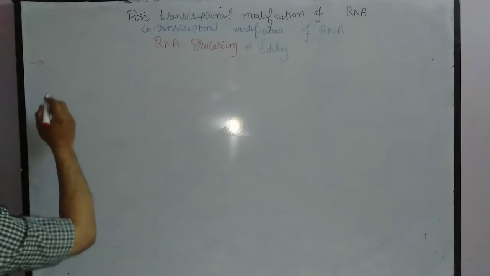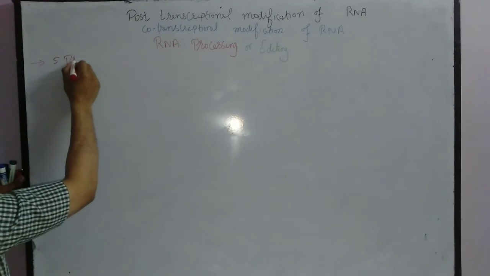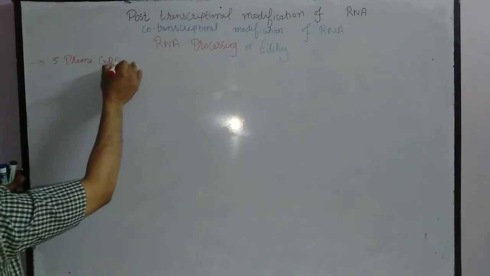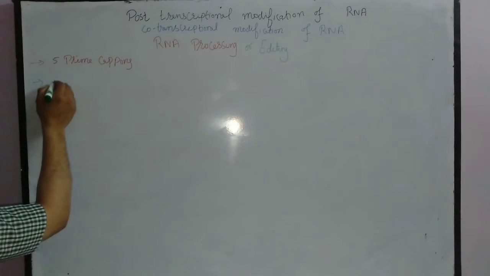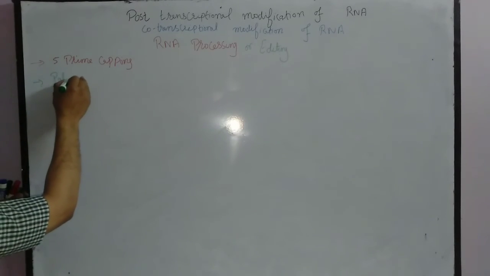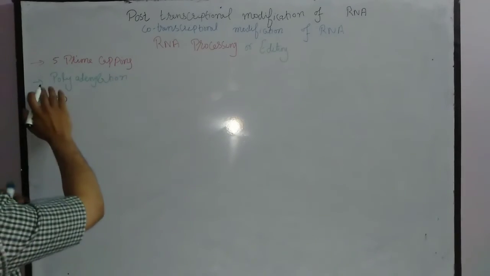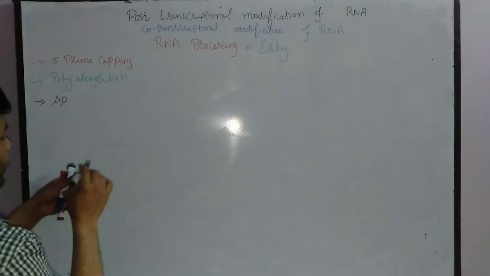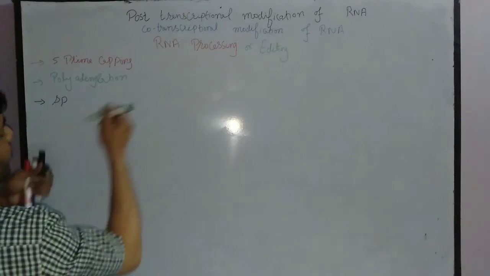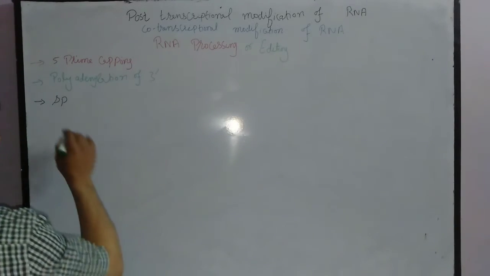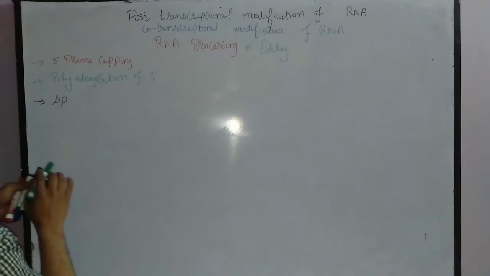The second is polyadenylation, meaning polyadenylation of the 3' end. And the third is splicing.